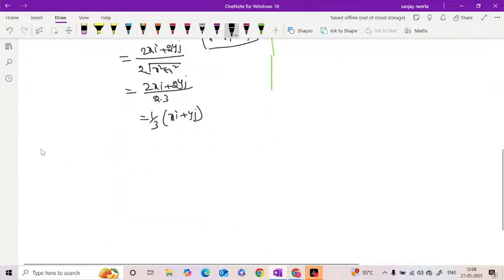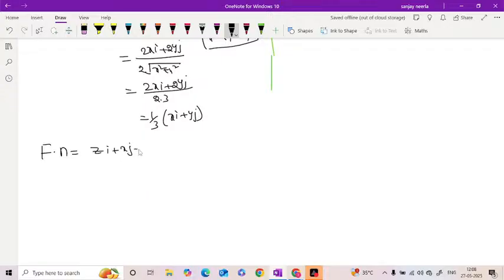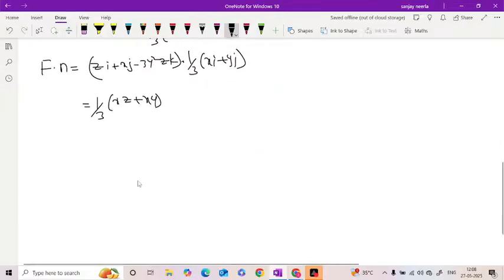Now come to f dot n. The calculation of f dot n: f is z i plus x j minus 3y square z k, dot 1 by 3 of (x i plus y j). After doing the dot product of these two vectors, we will get xz plus xy only. This is f dot n.